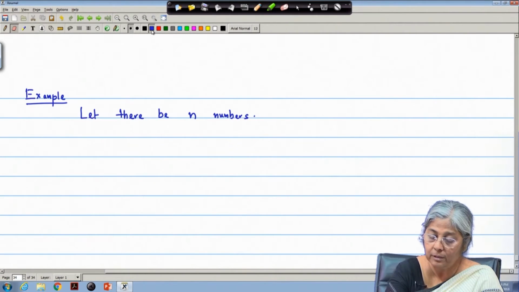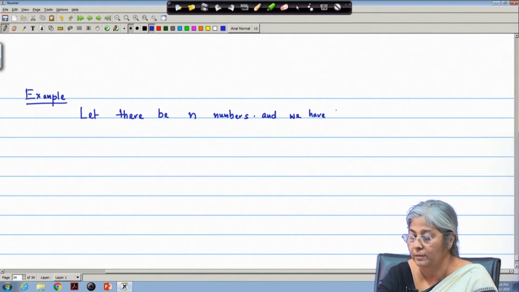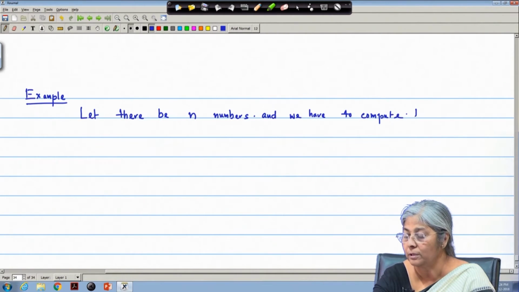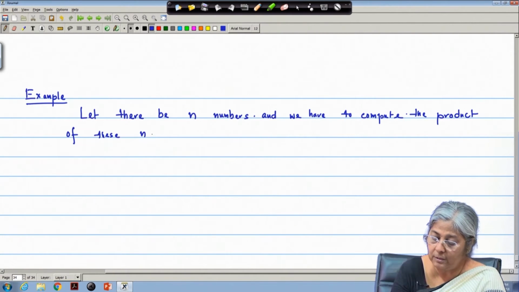We have n numbers and we have to compute the product of these n numbers.